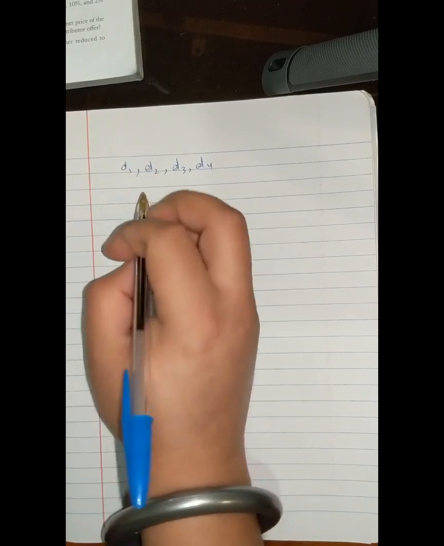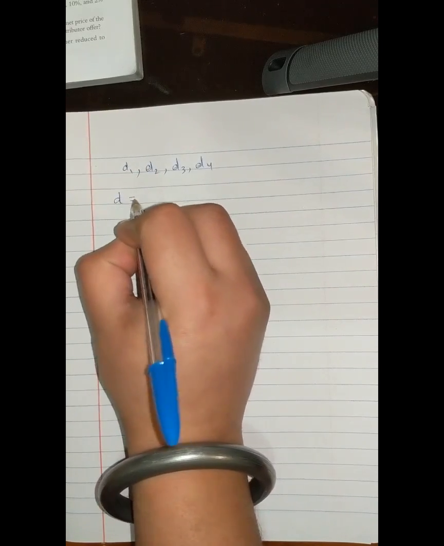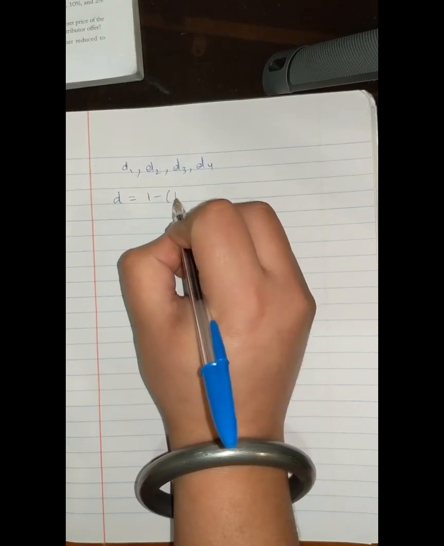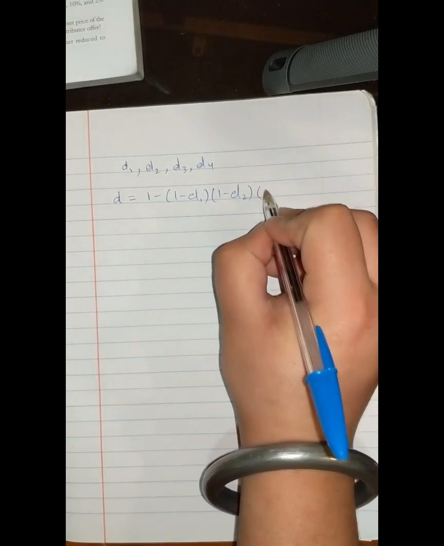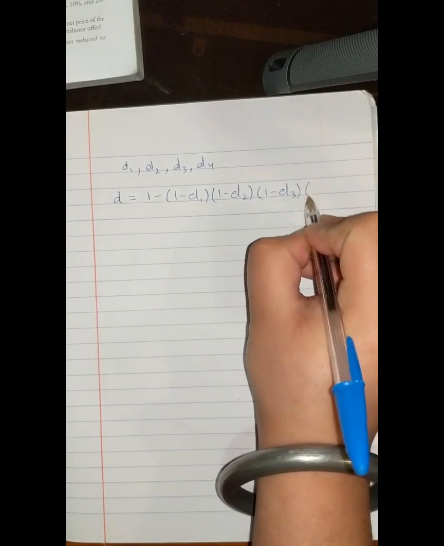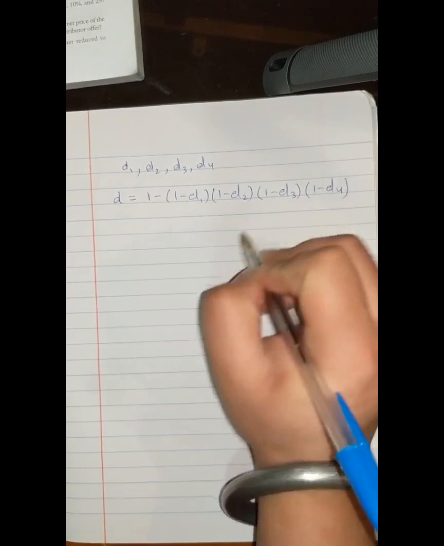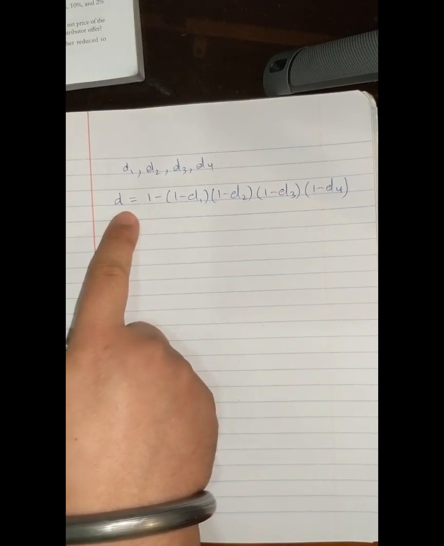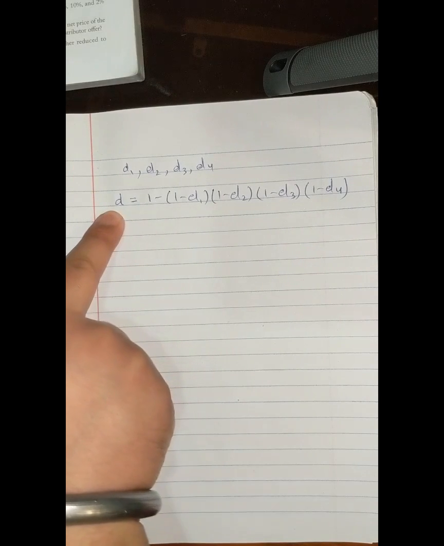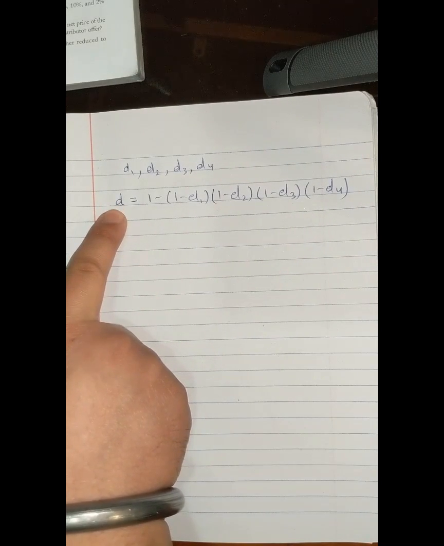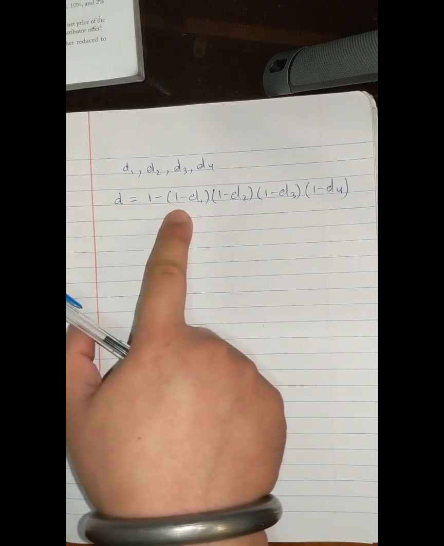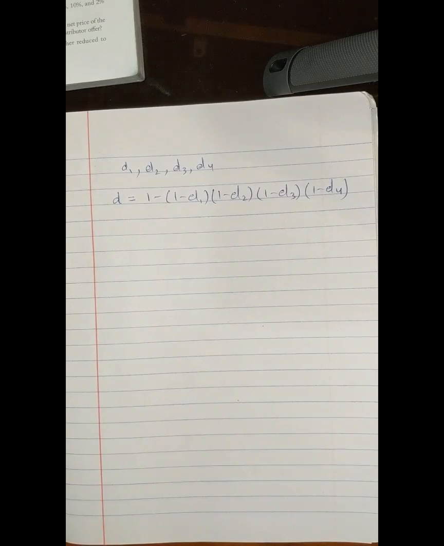The formula for that is D equals 1 minus (1 minus D1)(1 minus D2)(1 minus D3)(1 minus D4). After this formula we get a single equivalent rate of discount, which will do the same thing as these would.